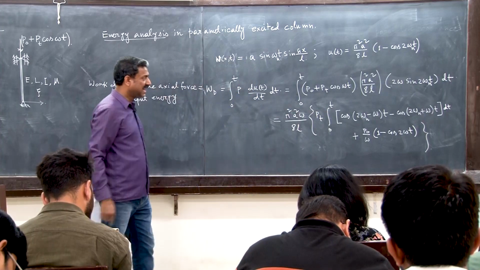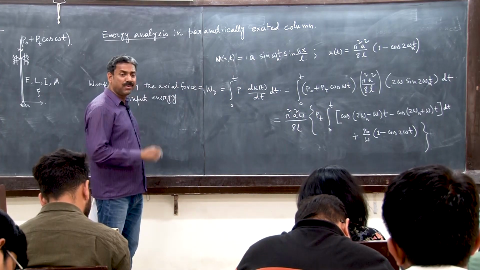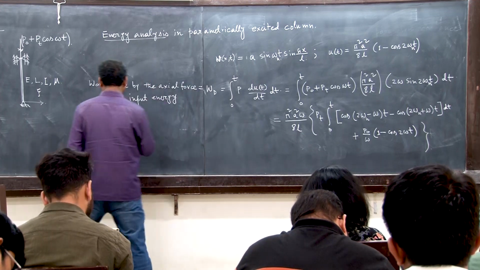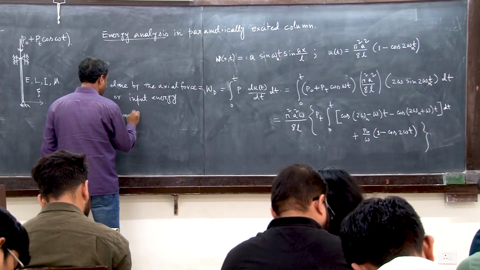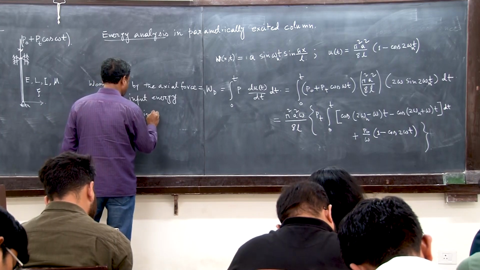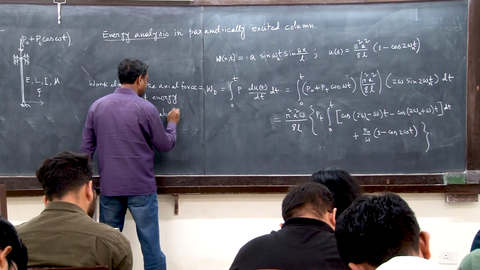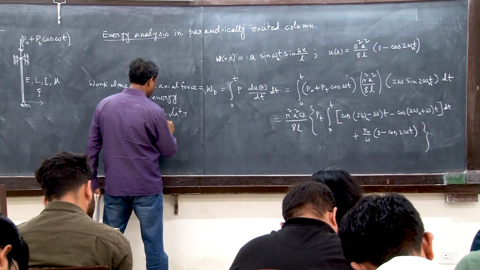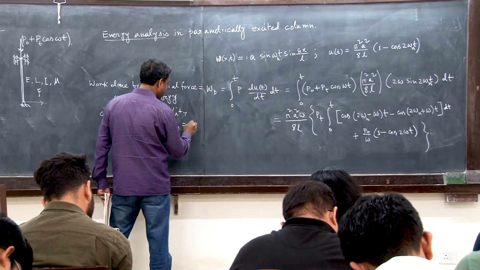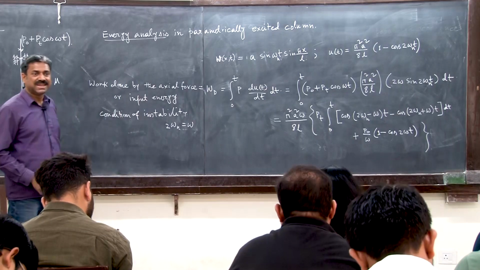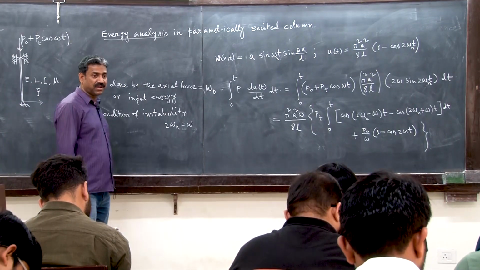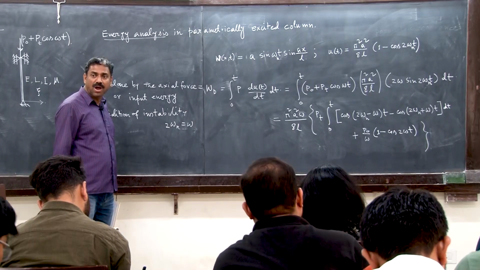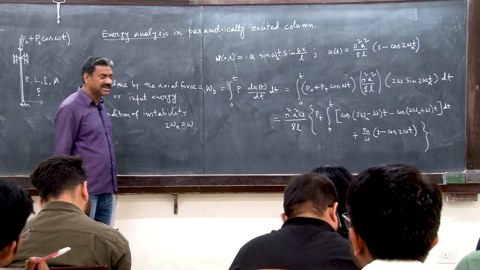So from this energy input, do you understand what the condition of instability is? The condition of instability is 2 omega n equals omega. That means once again, if the excitation frequency is 2 times the natural frequency, then it leads to unbounded energy input to the system and instability.